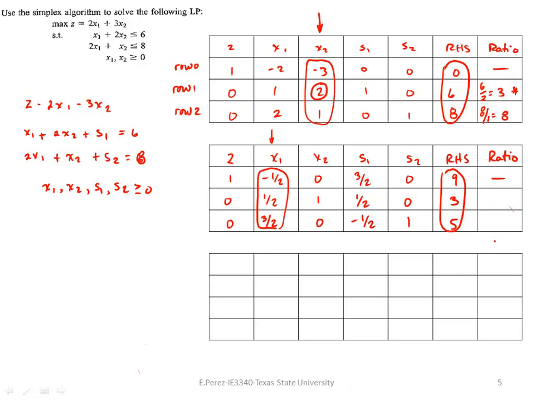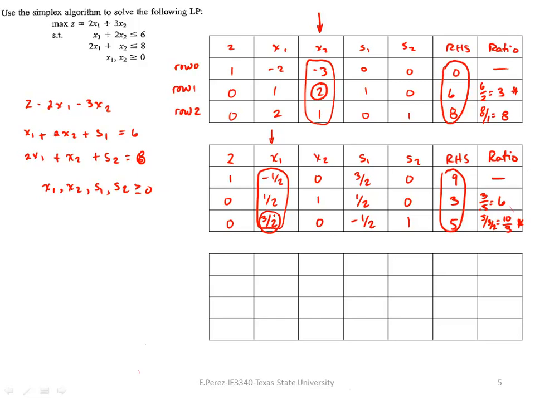So when we divide 3 by 0.5, that equals 6. And we have 5 divided by 3/2, that equals 10/3. Which one is the minimum? Row 1 or 2? Row 2, correct. So you're going to pivot this number.